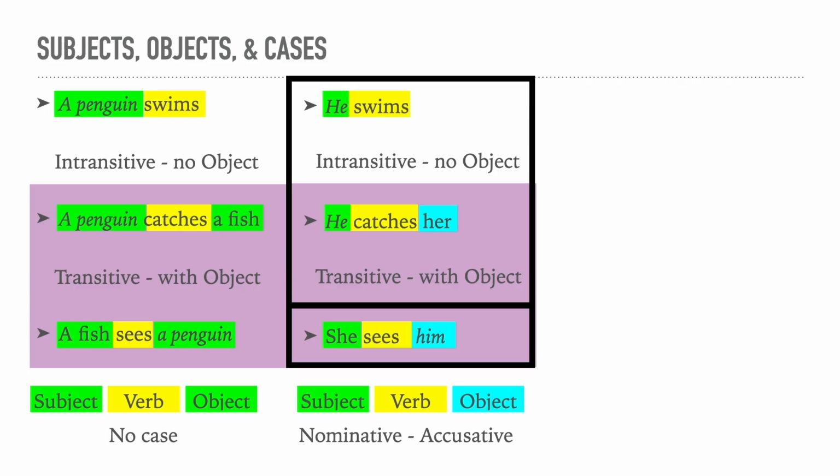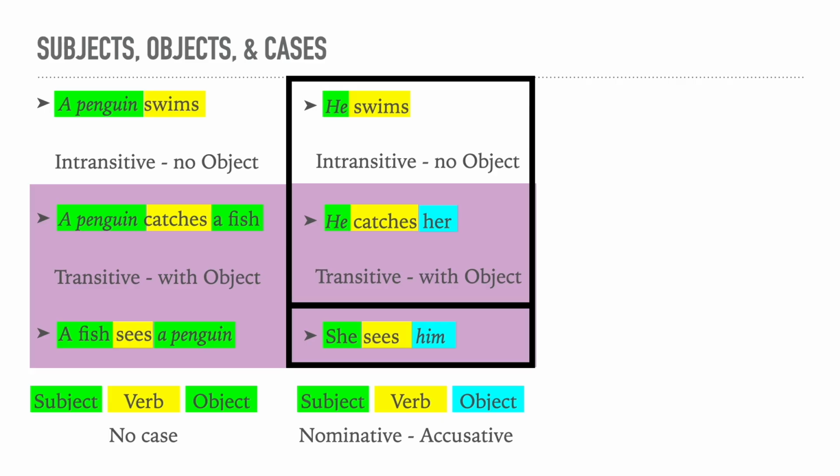And the important thing here as well is that the pronoun he doesn't change if the verb is transitive or intransitive. And the object, her, him, etc., they don't change if it is a transitive verb as well.